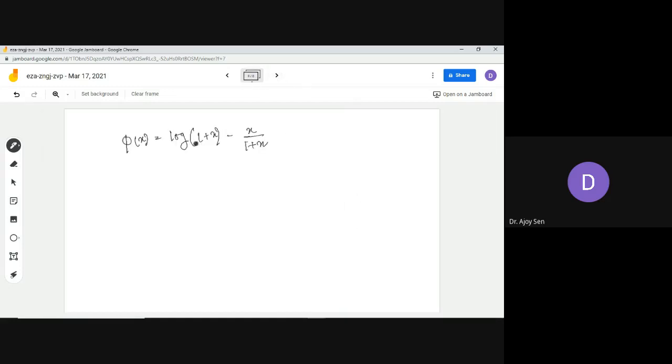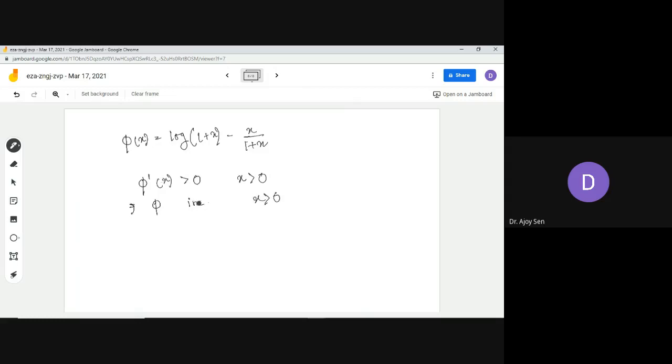So this is your phi x, and from this phi x you find phi dash x, and from that phi dash x you show that phi dash x is greater than 0 whenever x is greater than 0. So that means phi x is an increasing function for x. Since phi dash x is greater than 0, it means phi is an increasing function for x greater than 0. This is our conclusion.